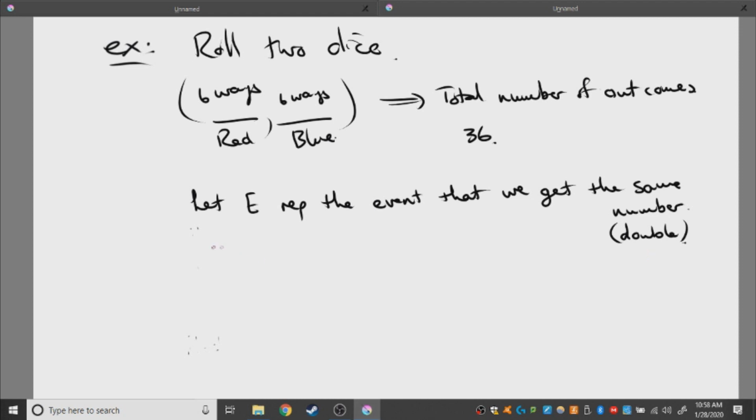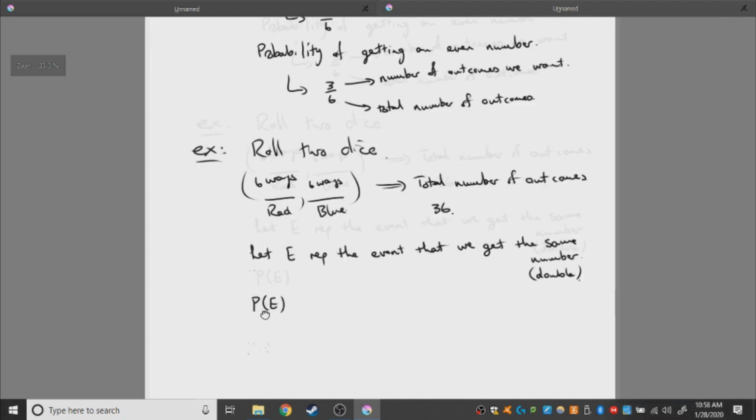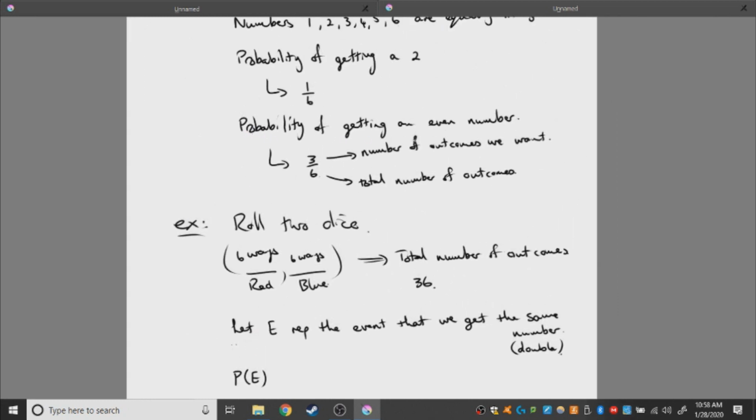Then the probability we're going to write as the P for probability, and then the name of the event. All it does is try to save me from writing all the words. It doesn't change the meaning at all. I could have written the words, probability of getting 2 of the same number.